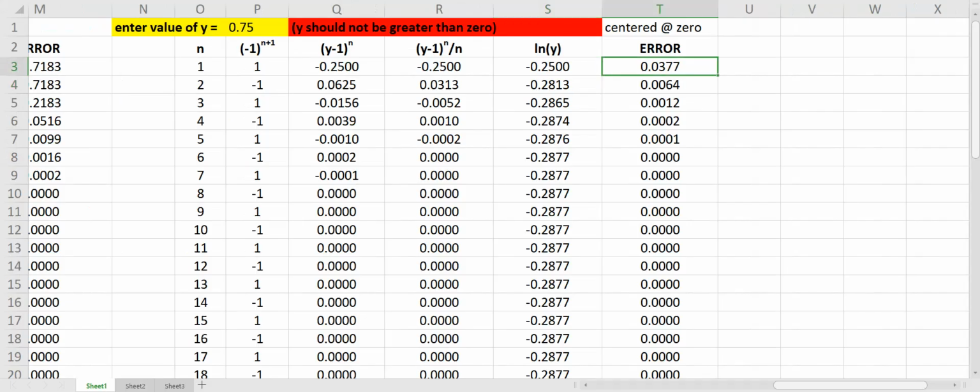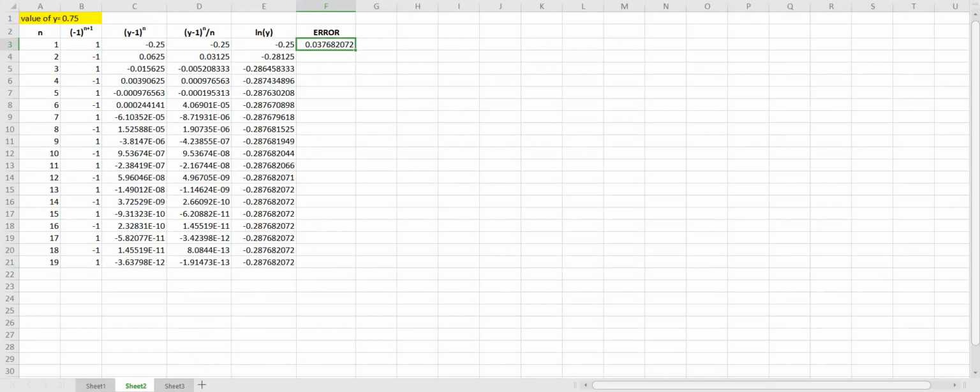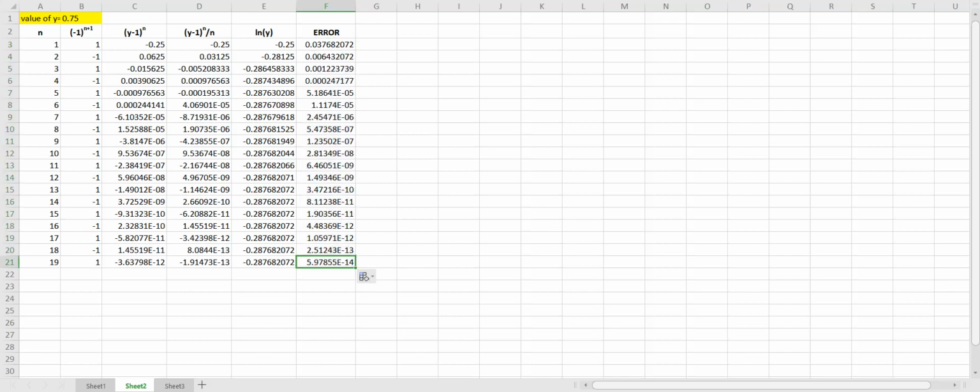We can see that the error here in our spreadsheet 1 is 0.0377, and we have a more exact value of error here. As the value of n progresses, the error gets closer to 0. The error is very close to 0 right now, when n is equal to 19.